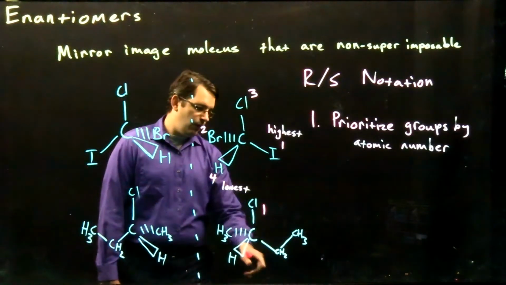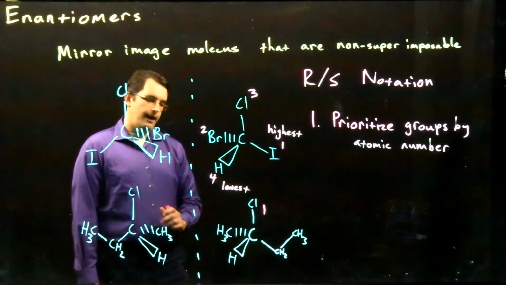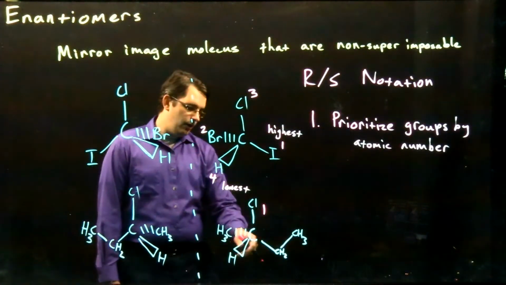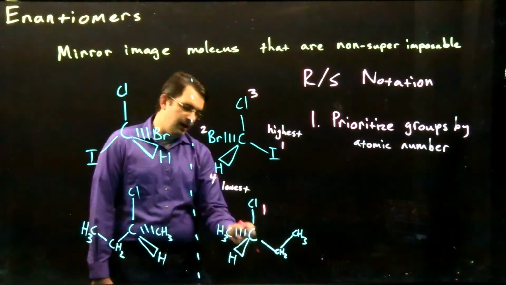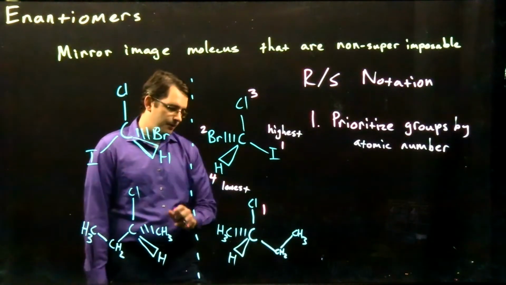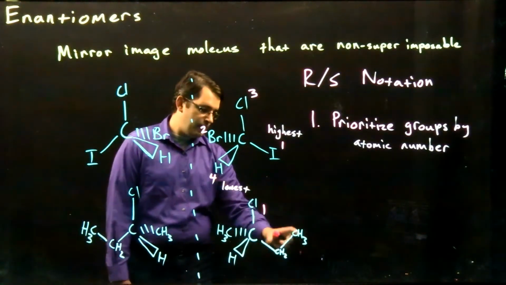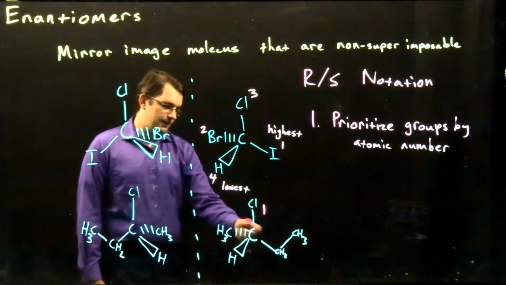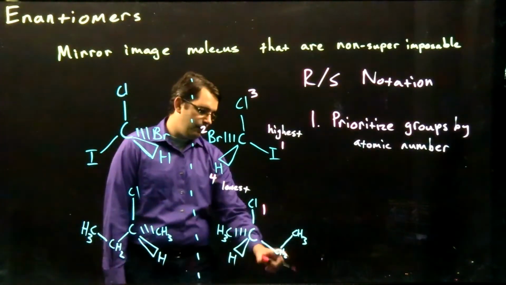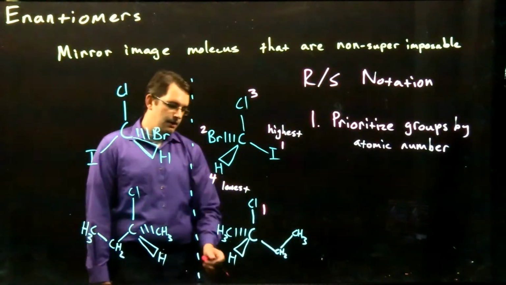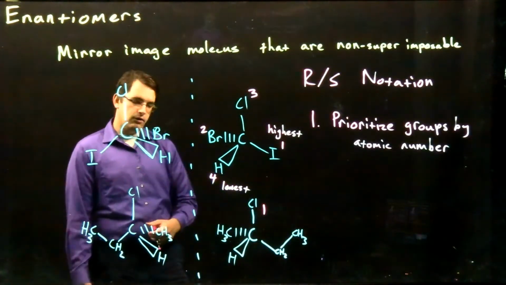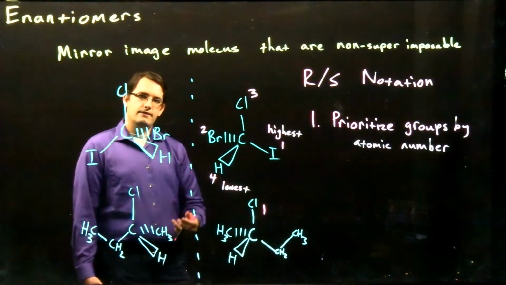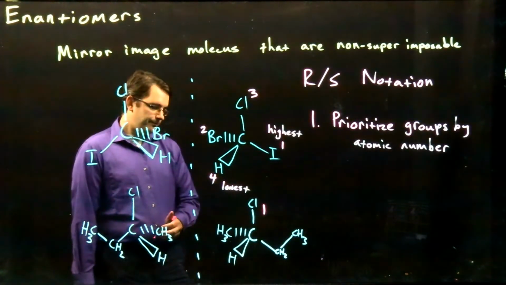But we need to consider the whole group, not just that one atom that's directly bonded to my carbon. So even though the 2 carbons attached to my central carbon are the same, they each look different because they have other things connected to them besides their initial bond. Over here I have a group that's 2 carbons. Over here I have a group that's just a single carbon. So this group is unique from the group on the left, and it still is a chiral center.